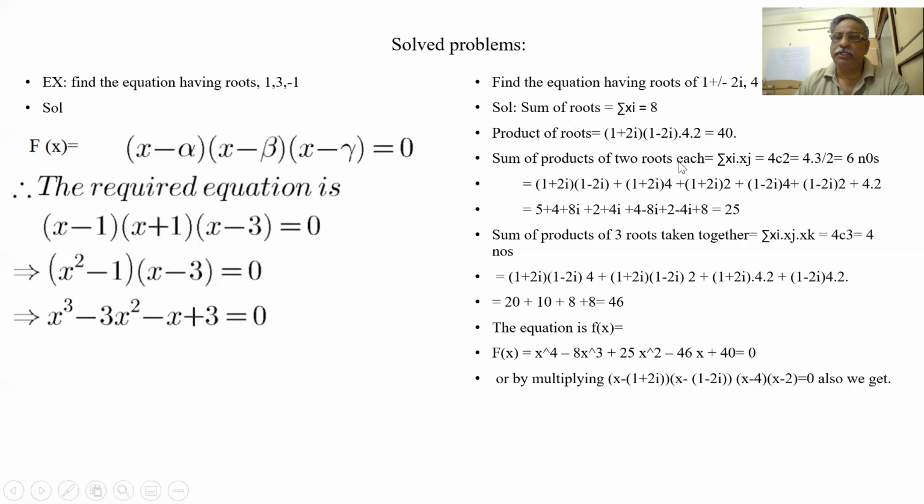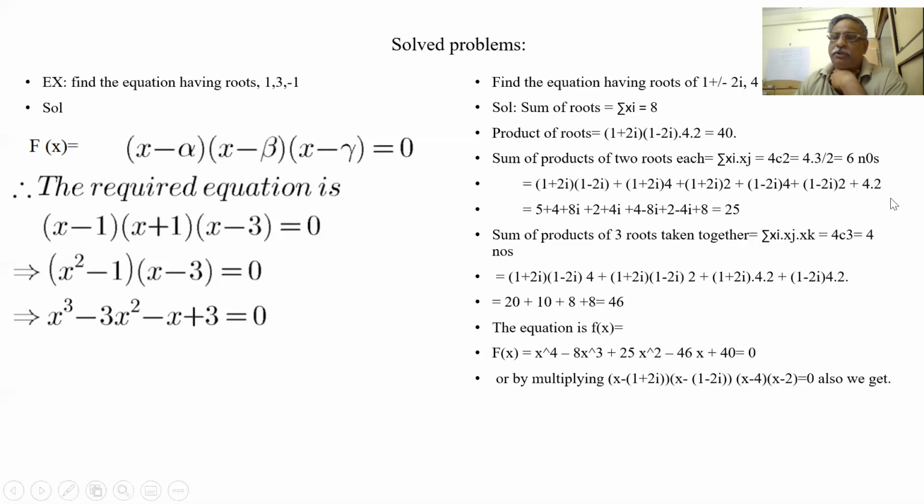Two together, taken each together, is 4 into 3 by 2, that is 4c2. Out of 4, I have to take 2 together. So 6 will come. There are 6 multiplications, 6 combinations will come: AB, AC, AD, BC, BD, CD.